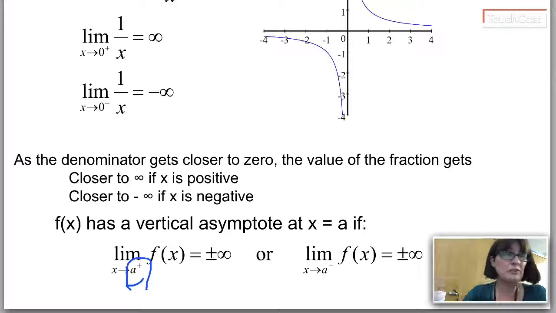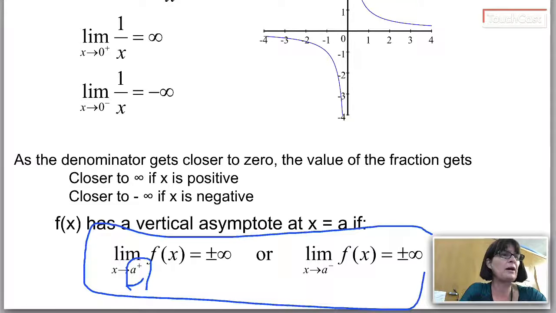Or if you approach some number from the left and the result is positive or negative infinity, then we say that a function has a vertical asymptote at that x value. And again, I just put a note on your paper, so make sure you write this in the box at the top of page 4, and note that if your limit is infinity, infinity is not a number, so a limit of infinity isn't a limit. At that kind of place, the limit fails to exist, or you could say does not exist.